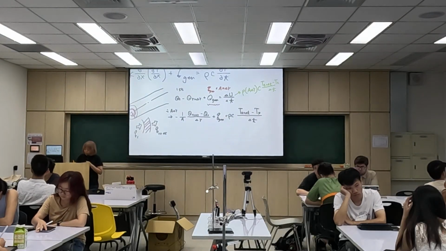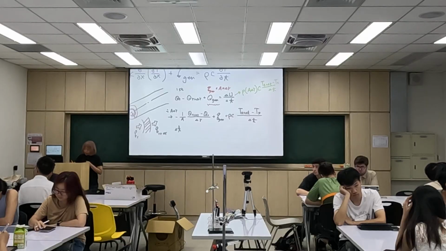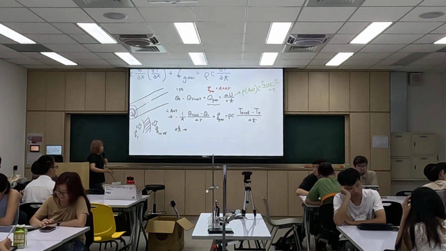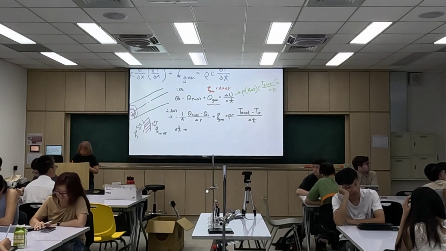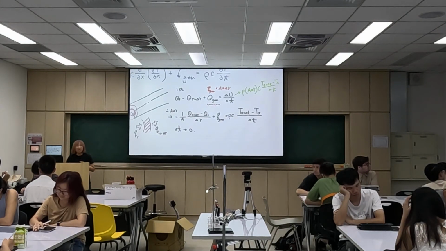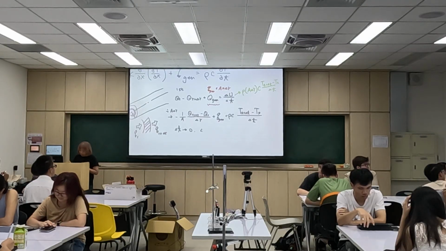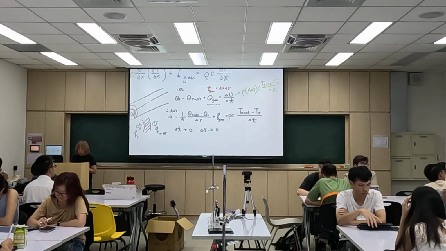Okay, so now we push the stuff into the limit. So for example, the time difference is very small, approaching 0. And also the thickness of the ring inside of the cylinder is very small, so delta r is also approaching 0.